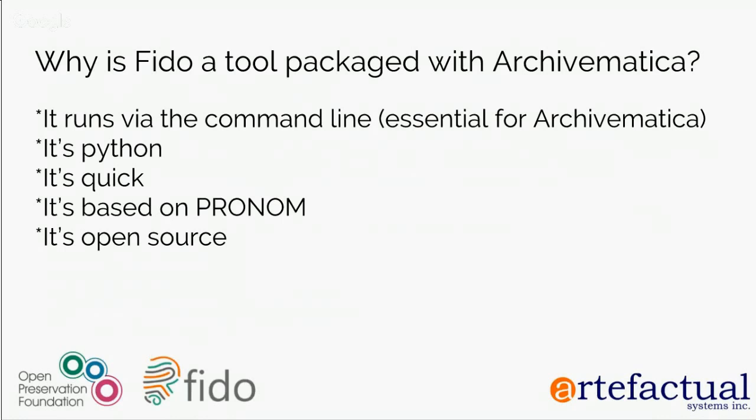It's also written in Python, which makes things easier because that's what Archivematica is written in as well. It's pretty fast, although we could probably do some up-to-date benchmarking against other tools to give us better data on that front. And it's based on PRONOM, which we understand to be important to at least some members of our user community, who seem to feel that it is of value as well.